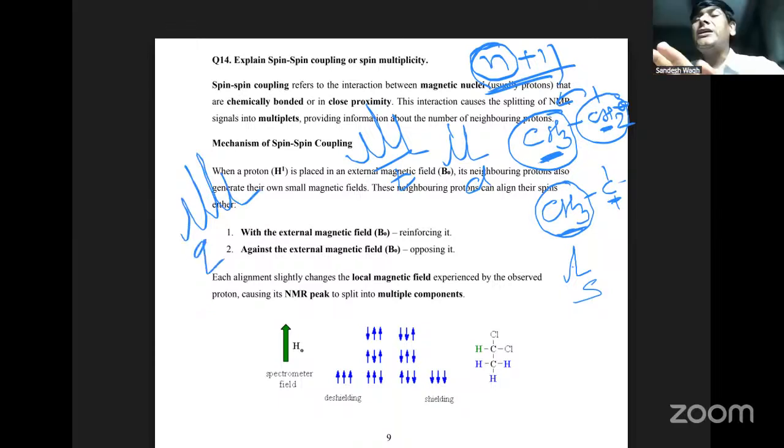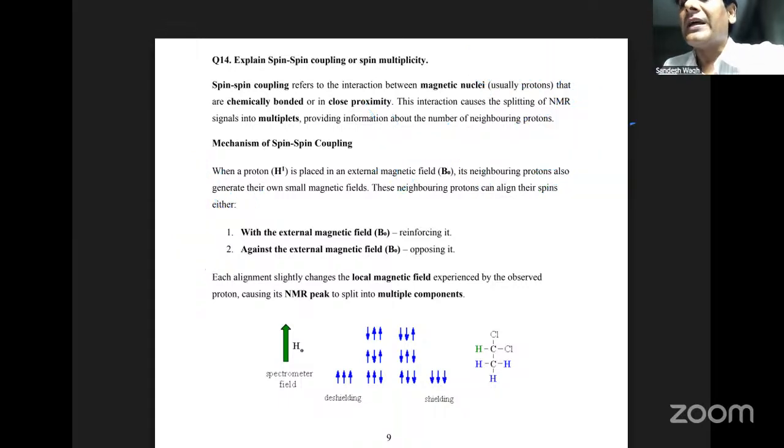But how does n equal to 0, 1, 2, 3 give you the singlet, doublet, triplet, and quartet, and so on? Why is it possible? So that I can show you here. This is possible because, suppose take the example where nearby there is no proton. It's like the first condition. So no proton means there is only one line. That one proton may have this spin or maybe this spin, clockwise or anti-clockwise.